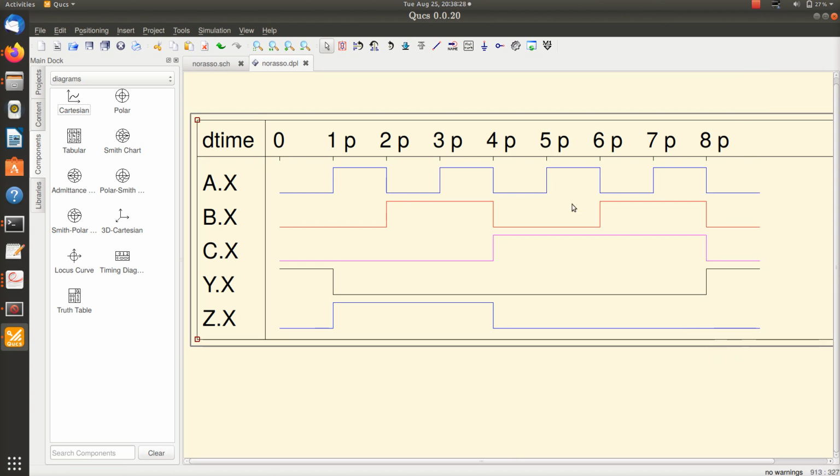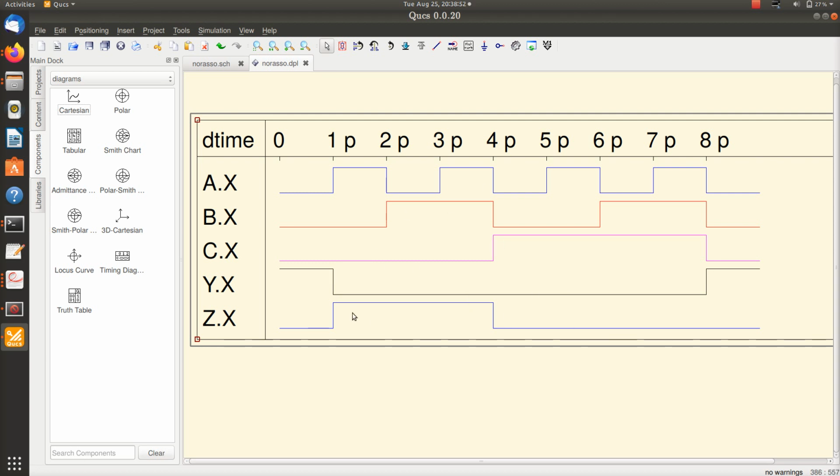You can see that here this is low. Here also all the three are low. That is why this NOR output becomes high. Here, one of the three signals is always high, so that means the NOR output is low.